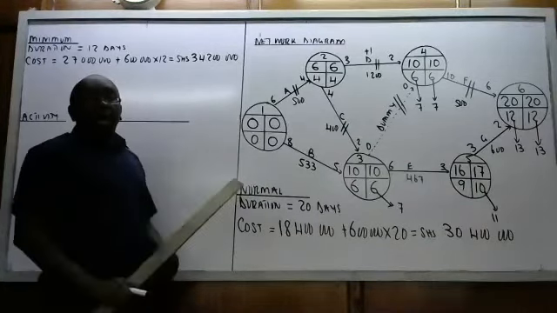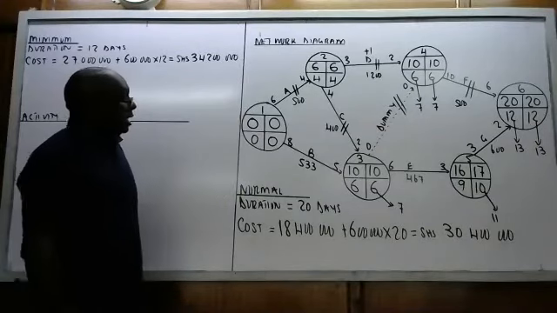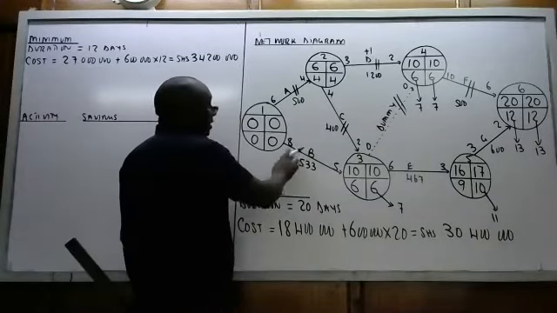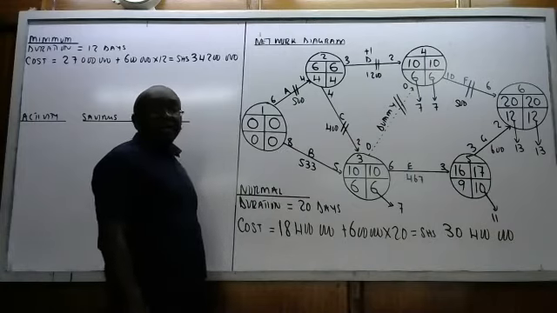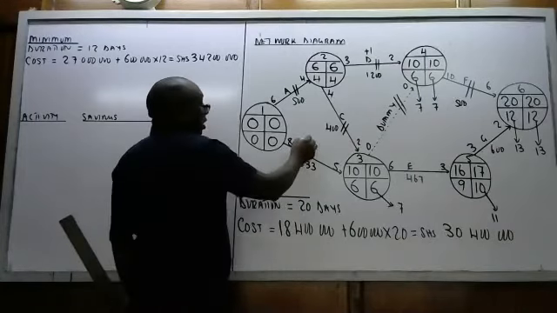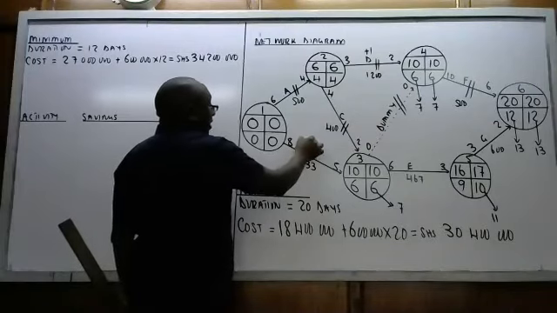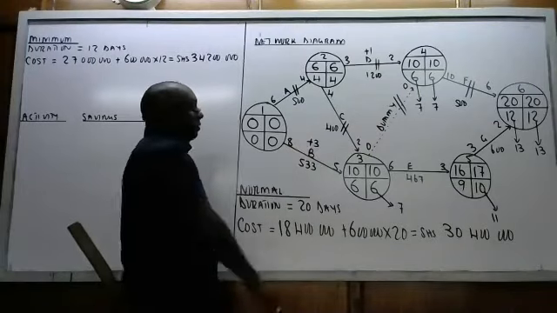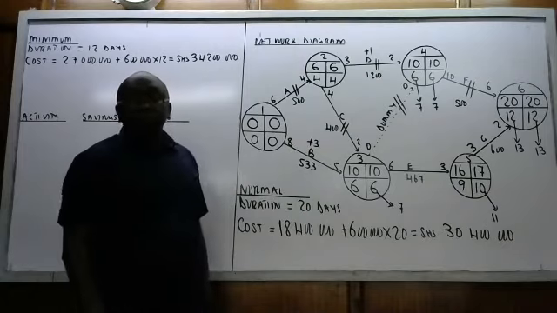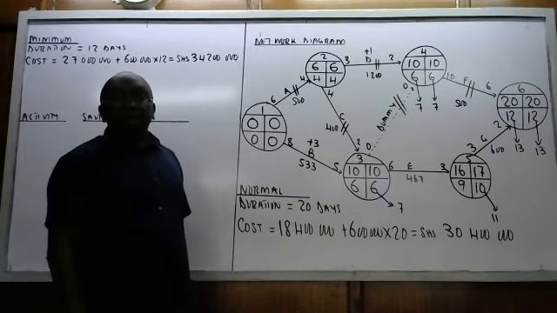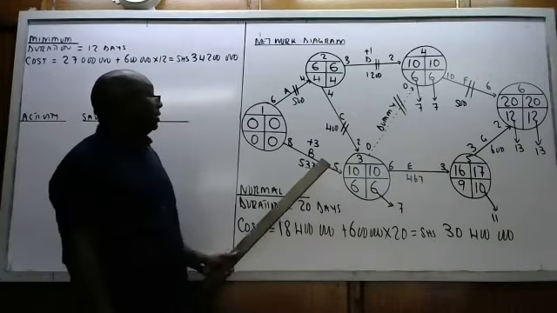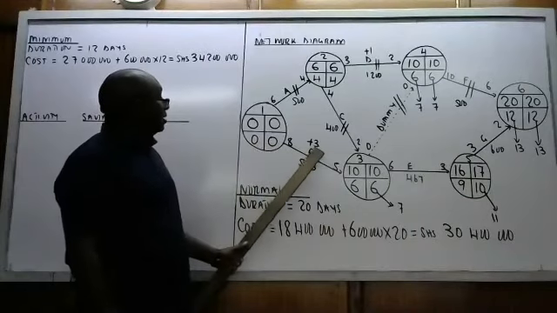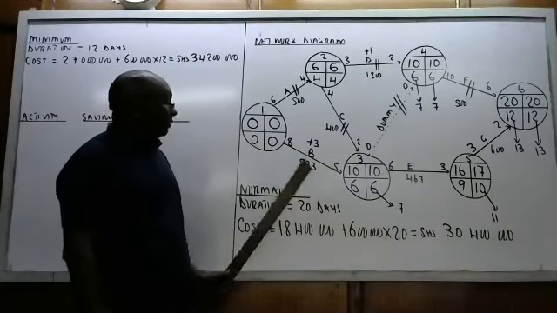So let's see what will happen. B has been denied 3 days. So if you add back 3, going forward, it will be 0 plus 3 plus 5.